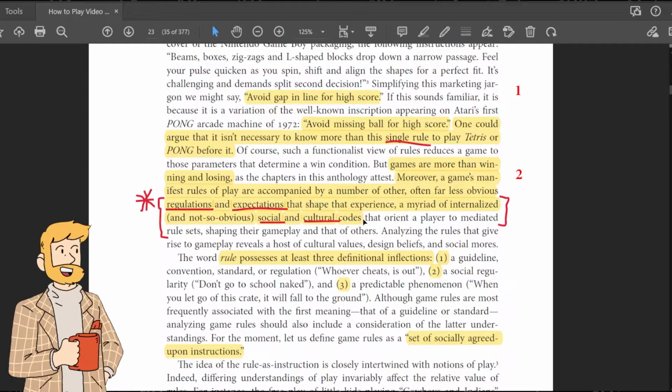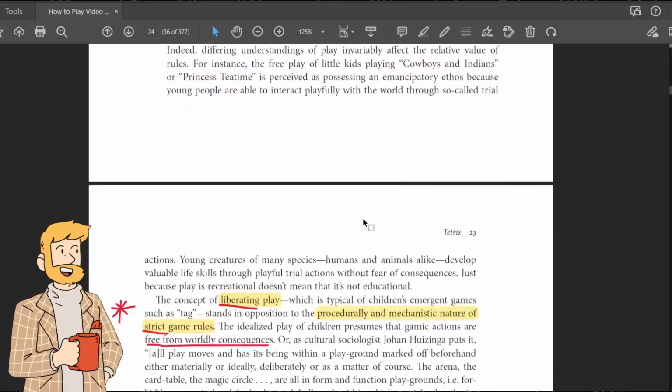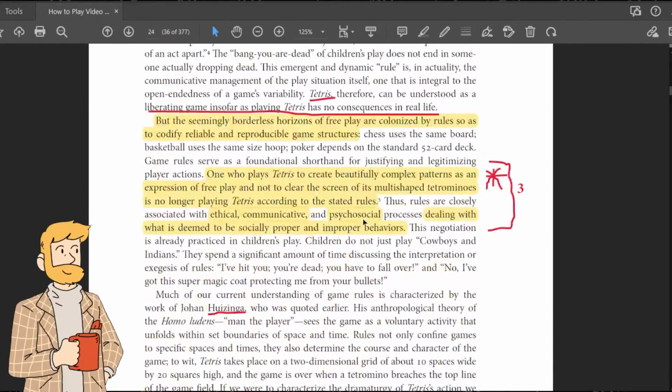Now, one might be thinking, what kind of social expectations exist in this very abstract and simple game of Tetris? Well, further down in the essay, Nohr gives us a great example. Nohr writes, "One who plays Tetris to create beautifully complex patterns as an expression of free play, and not to clear the screen of its multi-shaped tetronymos, is no longer playing Tetris according to the stated rules.